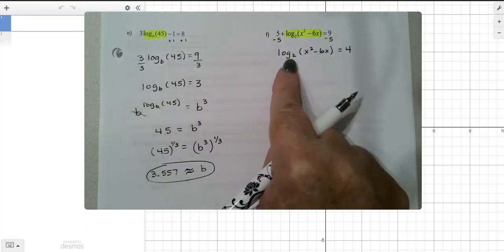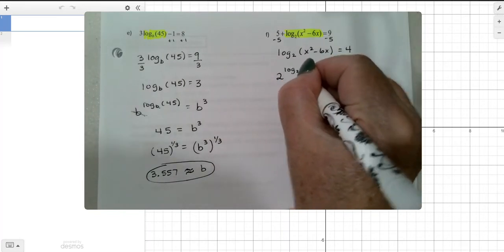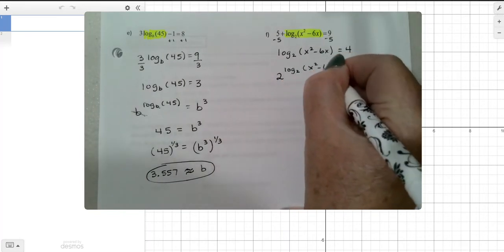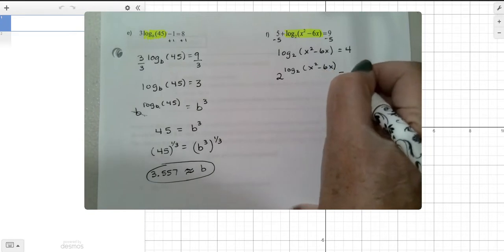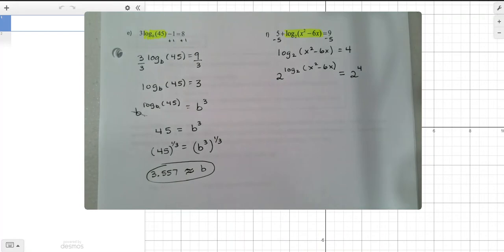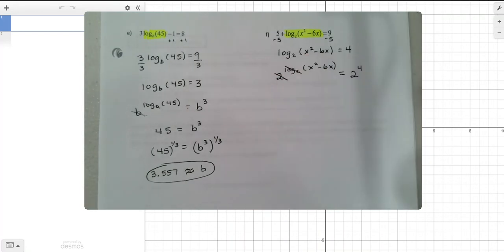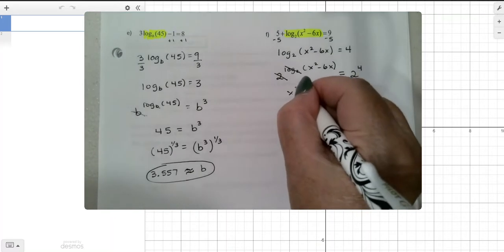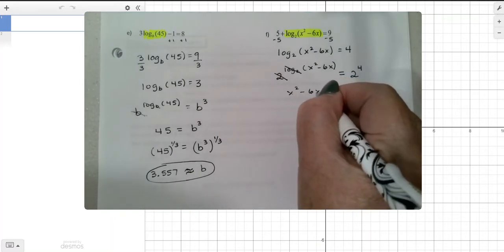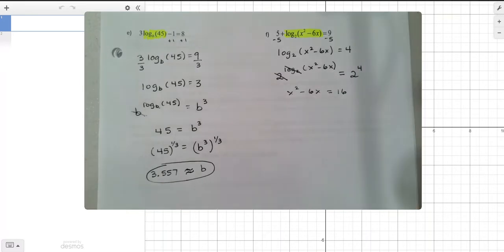All right, get rid of a log base 2 with its inverse, an exponential base 2. Exponential base 2 on the left, so I also do exponential base 2 on the right. Those inverse functions out of there. And I have x squared minus 6x is 2 to the 4th, or 16.